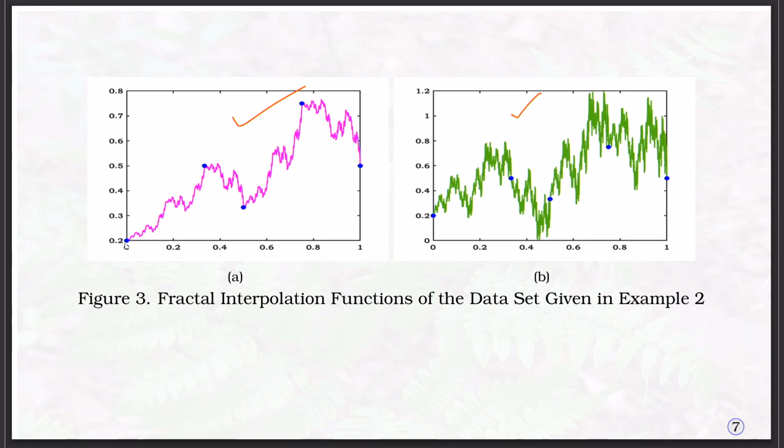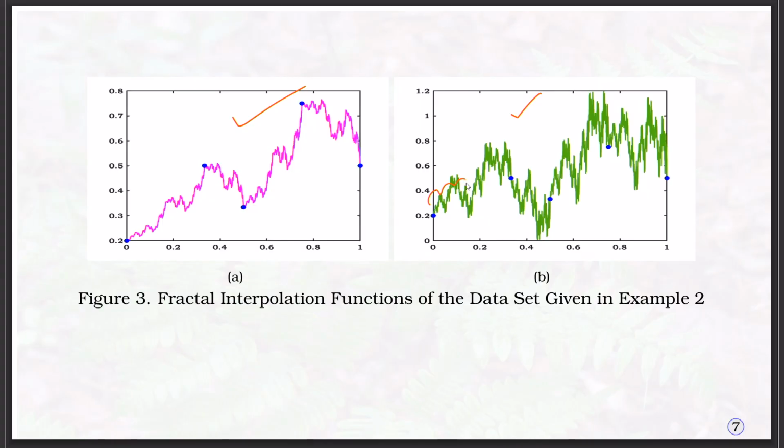The data points are the same, we are taking the data points the same. By choosing different contraction factors, we get two different interpolation functions for the same set of data. In a real life scenario, if the data are more irregular, classical interpolation always gives one smooth approximation, whereas by choosing the proper vertical scaling factor, we can approximate the real time data using the fractal interpolation function.